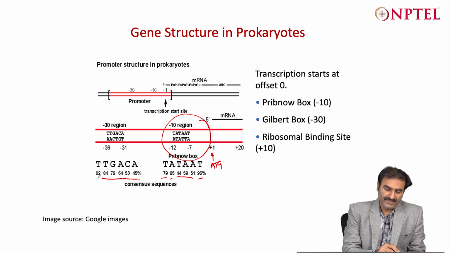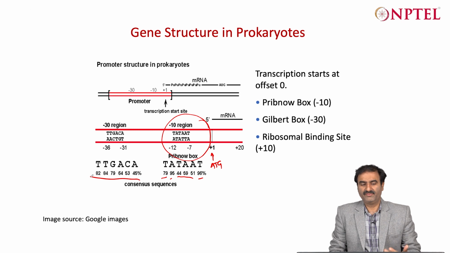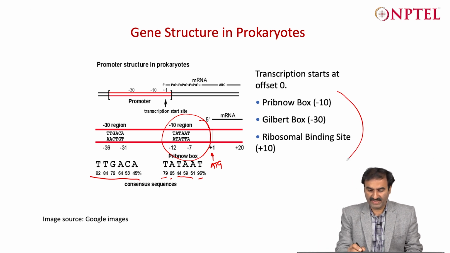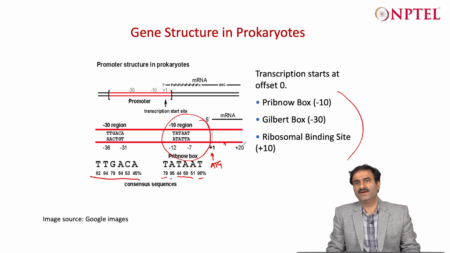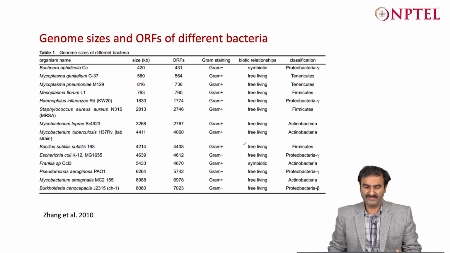Similarly, there is a -30 region, which is also important for the binding of transcription factors, right? Together, this Gilbert box, Pribnow box, and RBS, which is around +10 because the polymerase takes position within the RNA, are important signals for the prediction of prokaryotic genes.